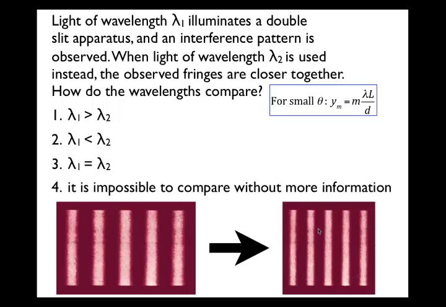Well, here, the distance from the center bright fringe to any fringe number has gotten smaller, so y for any value of m has gotten smaller. If that's the case, since it's directly proportional to the wavelength lambda, lambda must have also decreased as well. Hence, lambda 2 is less than lambda 1, which is option 1.